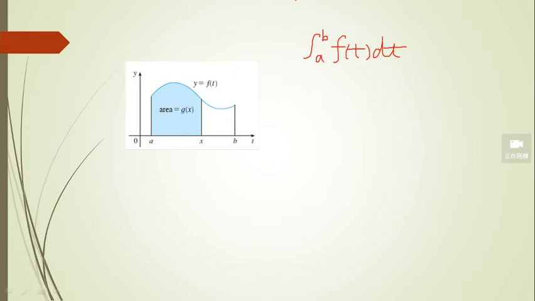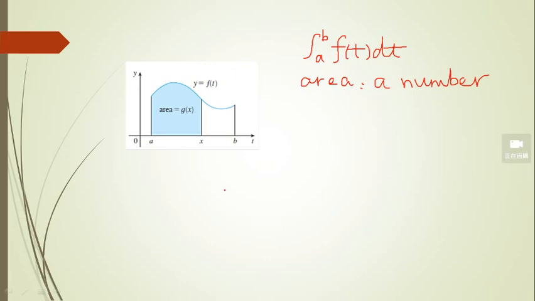This definite integral is the area, and it gives a number, either positive or negative. If it's positive, it's above the x-axis; if it's negative, it's below the x-axis. Here it is the t-axis, it doesn't matter. We use t as the independent variable in the function f.